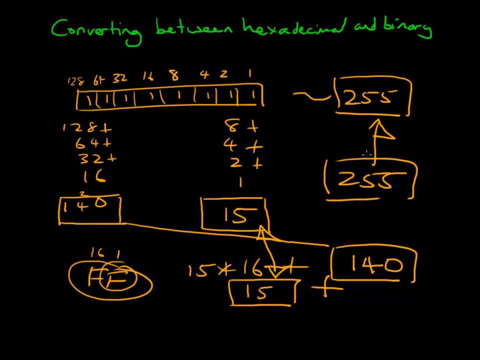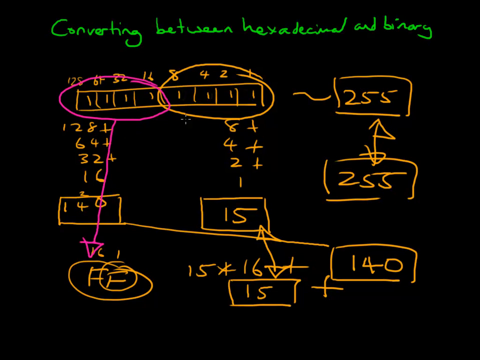And look, there's that magic number again. So these 4 digits of binary here and these 4 digits of binary here perfectly correspond with the first digit and the second digit of hexadecimal, which means converting between hexadecimal and binary is actually incredibly easy.